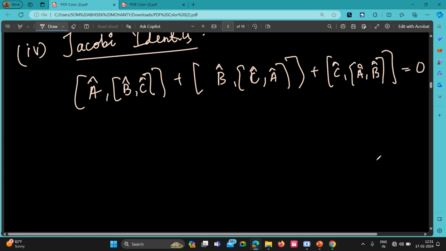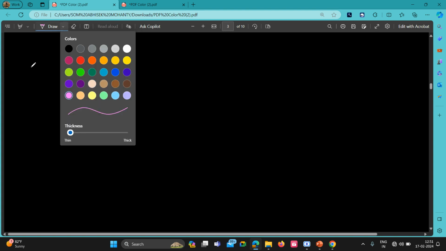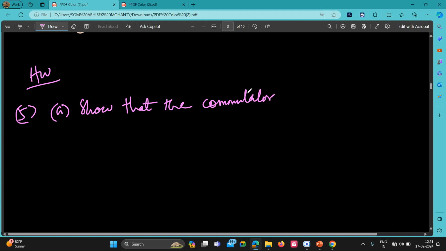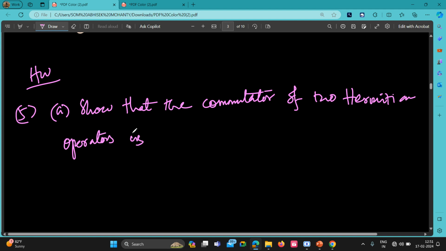So write a homework from these properties. You will try to solve this question. Question number 5: show that the commutator of two Hermitian operators is anti-Hermitian.